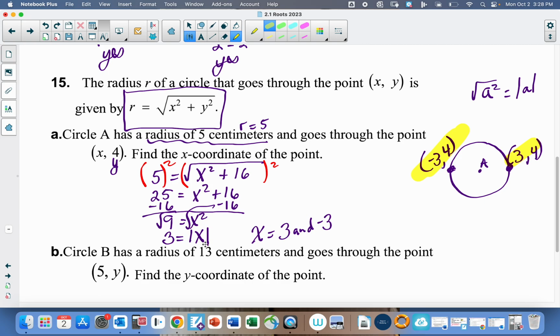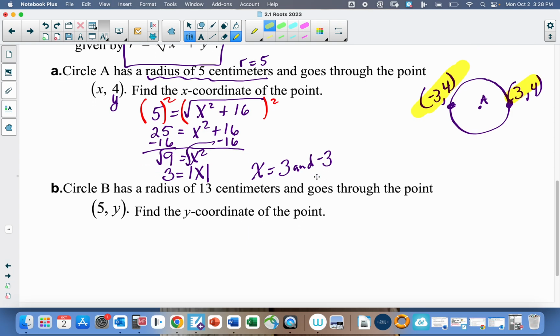And those 2 solutions are because when we do an absolute value, there's 2 different answers there. So I did A. You're going to do B by plugging in the things that they're giving you. So they're giving you the radius, 13, equals the square root of, and this time they're giving you what the x is, but you don't know the y. So x squared, so 5 squared is 25, plus y squared.